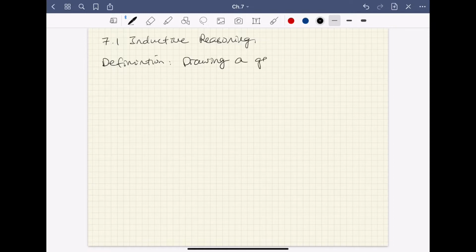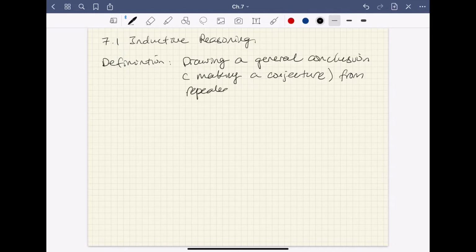Drawing a general conclusion is also called making a conjecture, from repeated observations.